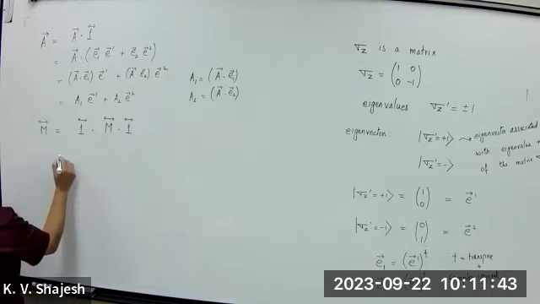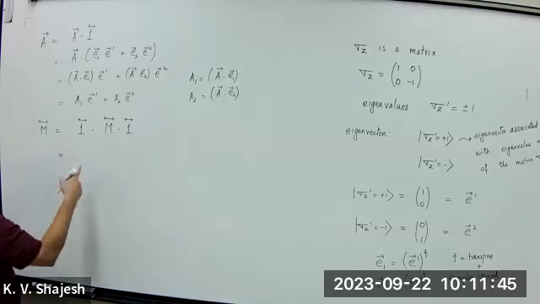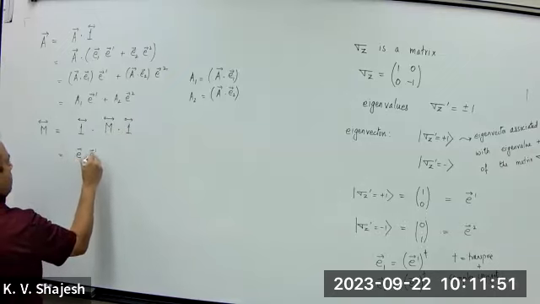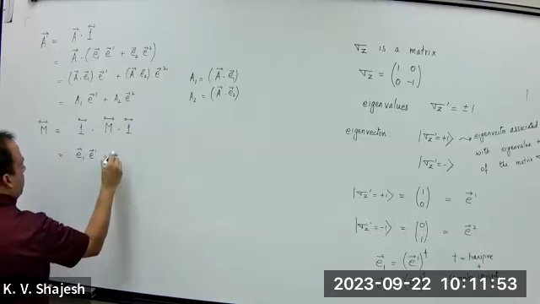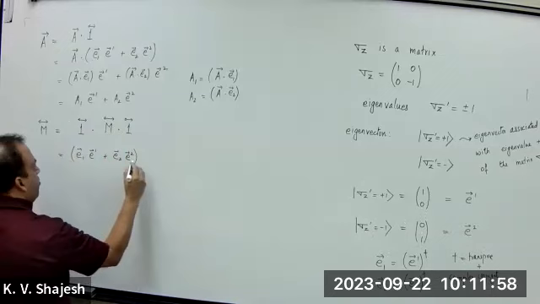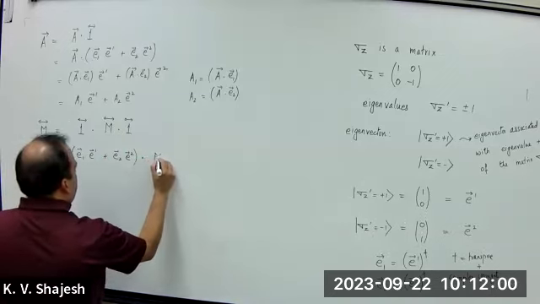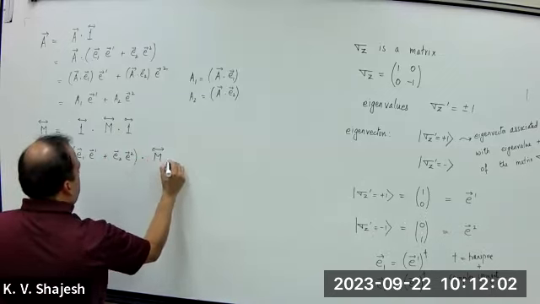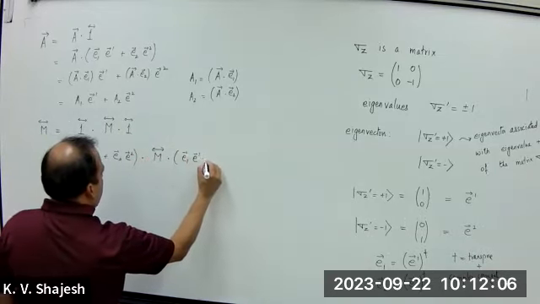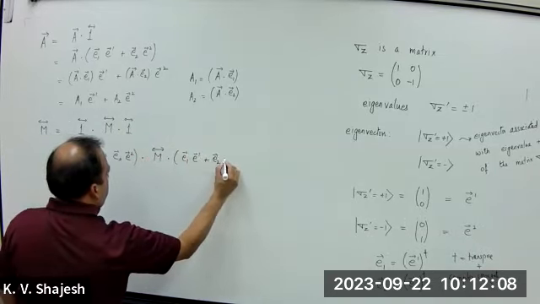Suppose there are 2 of them, so this is, same idea, E1 plus E2, and E1 plus E2.